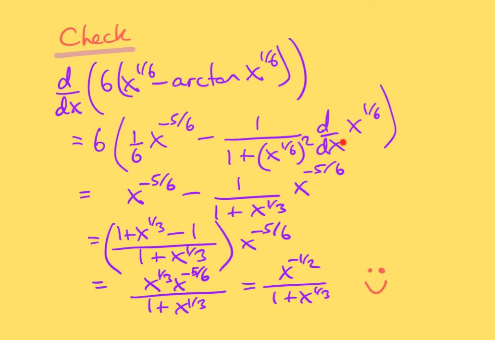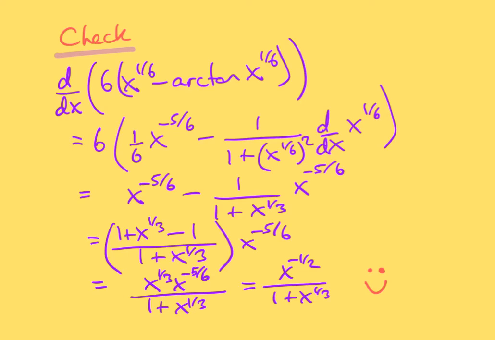Times the derivative of this is x to the minus 5/6. Looks a bit messy, but x to the minus 5/6 is a common factor. Let's pull it outside and see what happens. So we're left with 1 minus 1 over 1 plus x to the 1/3, and that we put on a common denominator of 1 plus x to the 1/3.